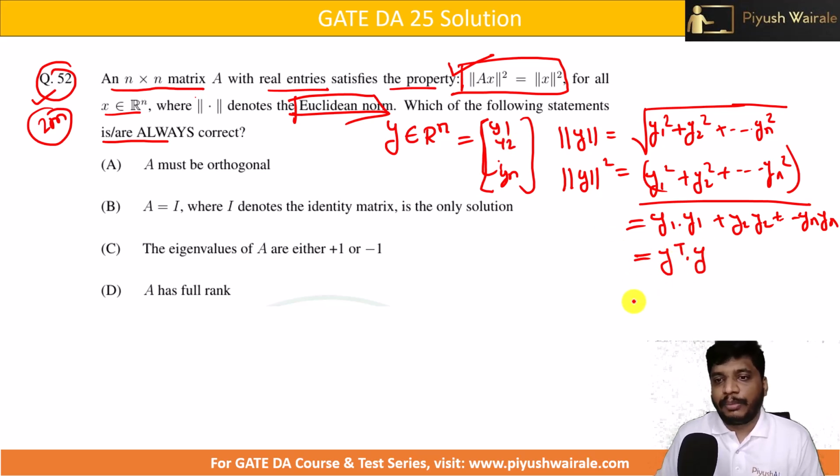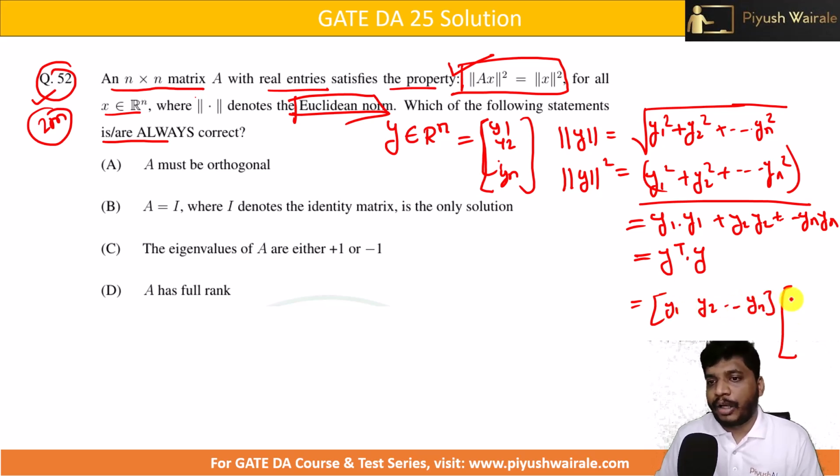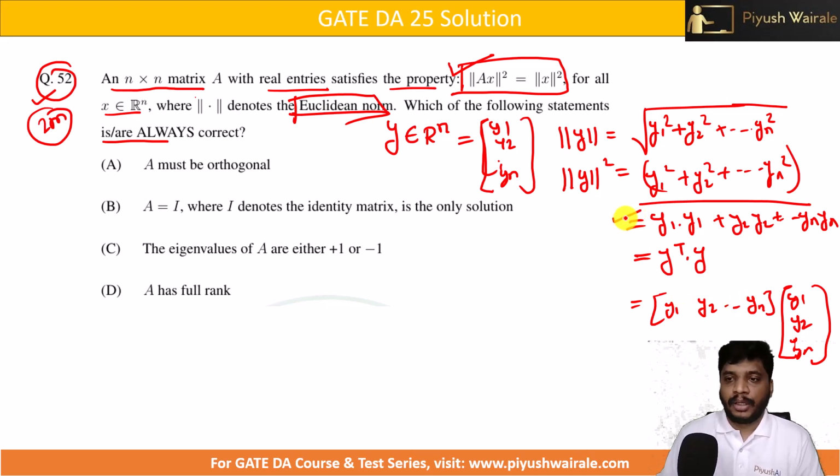Y transpose will be the row y1, y2 till yn, and y will be the column vector y1, y2 till yn. If you do the matrix multiplication, we get the same thing. It means we can write this expression like this. This is a very important point to note: the square of the Euclidean norm is nothing but y transpose into y.